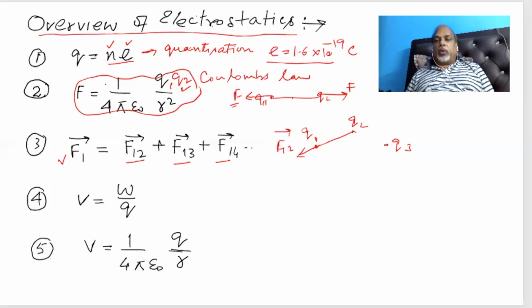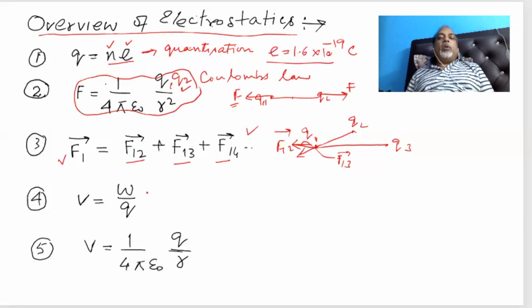Due to Q3 it will be like this, and this will be F13. Like that, if you have Q4, Q5, you have to add all these forces vectorially, then you can get the net force on Q1. So this we have also studied in our previous videos.